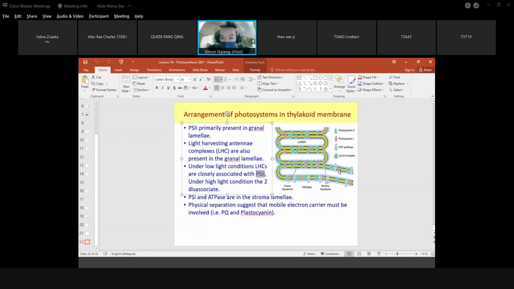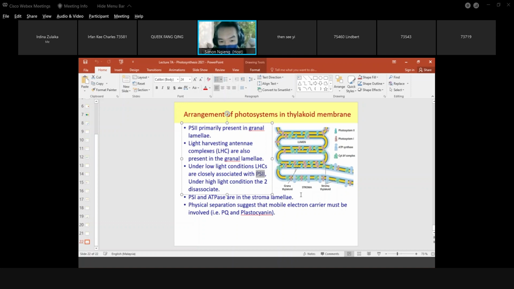You have to imagine it's a 3D surface. It's not electrons moving from left to right only. It could be electrons moving from front to back, back to front, left to right, and so on, as long as the sequence is correct: photosystem 2 moving to photosystem 1. So photosystem 1 could be at the back rather than at the side.